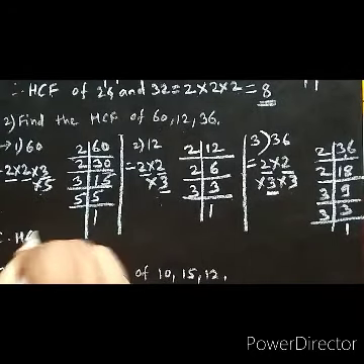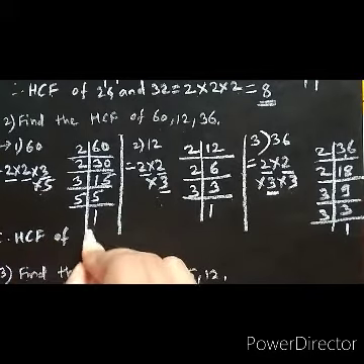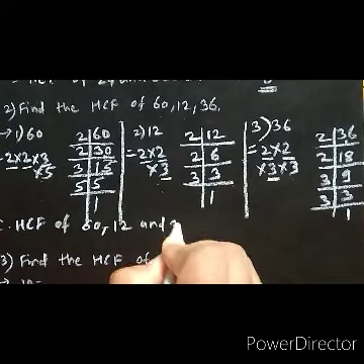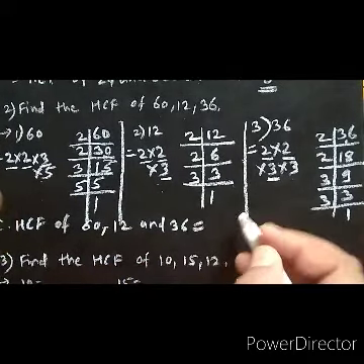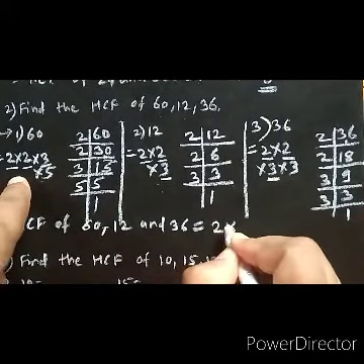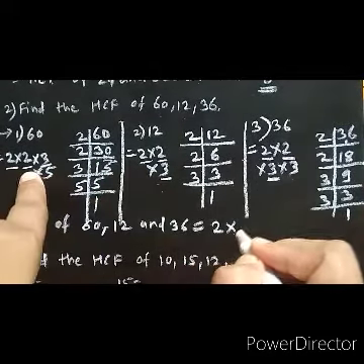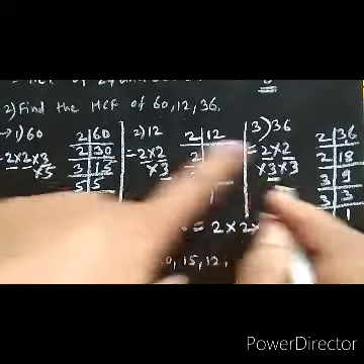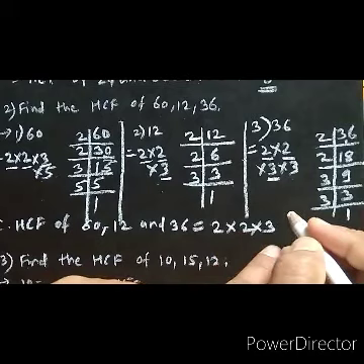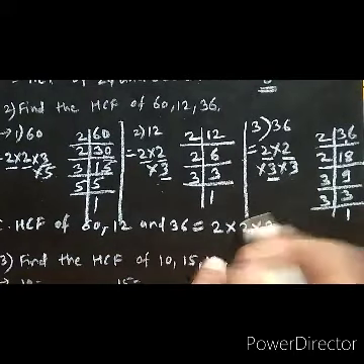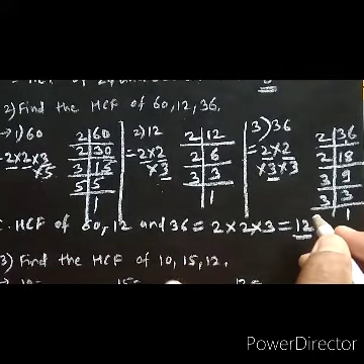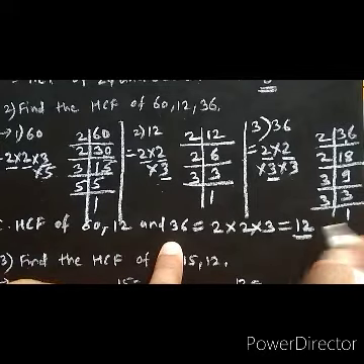Therefore HCF of 60, 12 and 36 is equal to, we have to take common divisors and we have to write once 2 into 2 and 3. So 2 into 2 into 3. So 2 twos are 4 and 4 threes are 12.